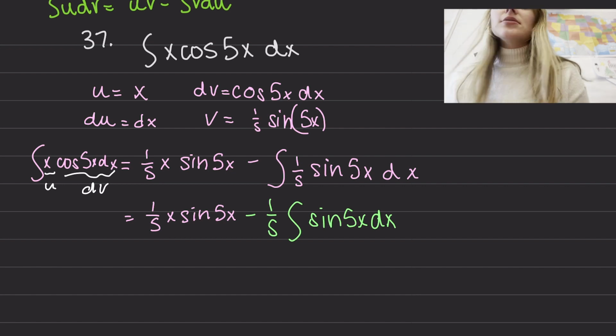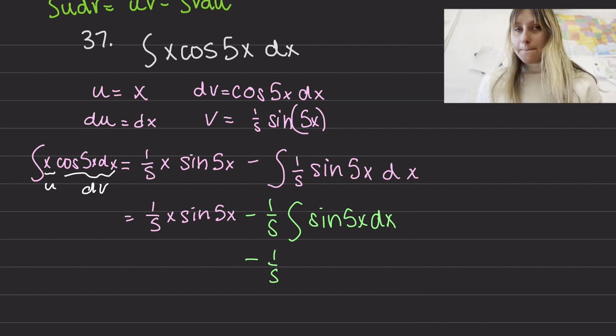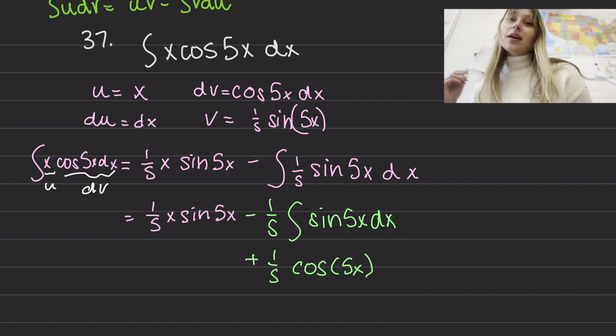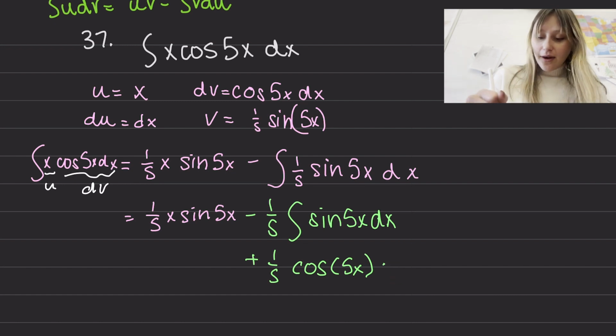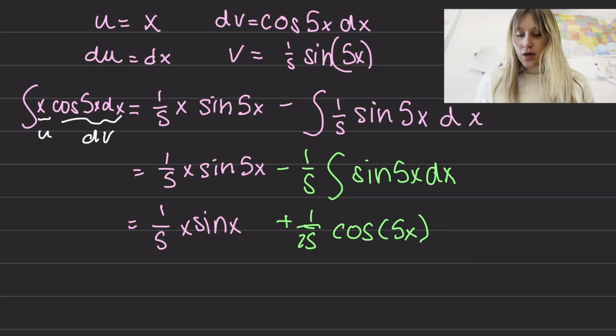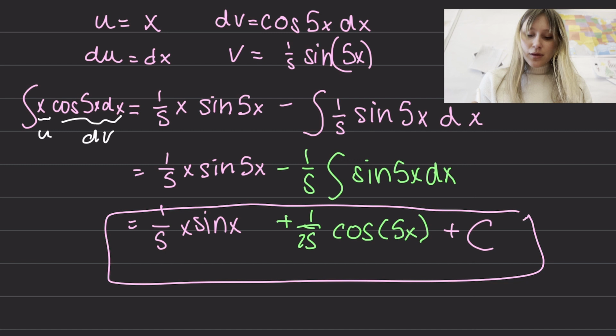Taking the antiderivative here, I get 1/5 minus cosine, so that's going to be cosine 5x, and then I would take the chain rule antiderivative and get 1/5. So then altogether we get 1/25. So this would be the final answer.